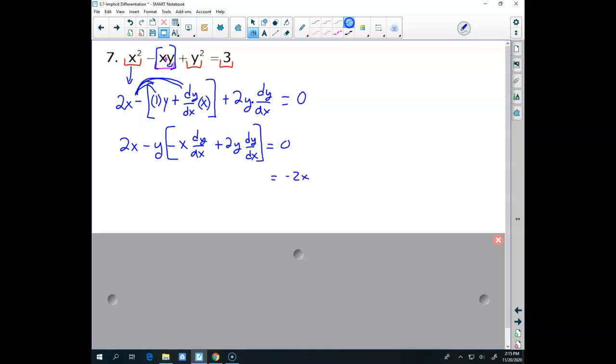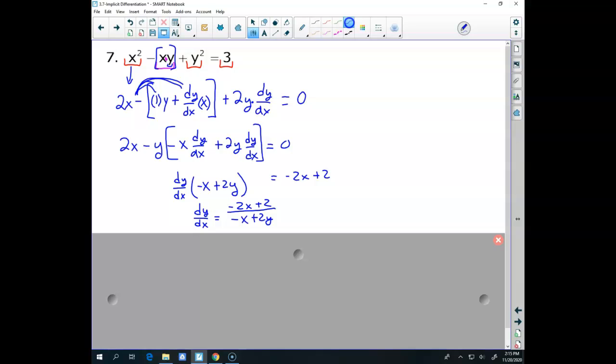I want to move the y over there. So as I'm factoring out my dy/dx, what I have is negative x plus 2y. That's what that equals. So I know dy/dx equals negative 2x plus y divided by negative x plus 2y. Okay?